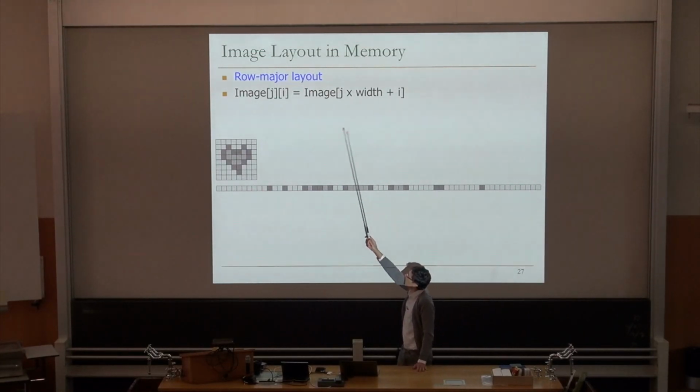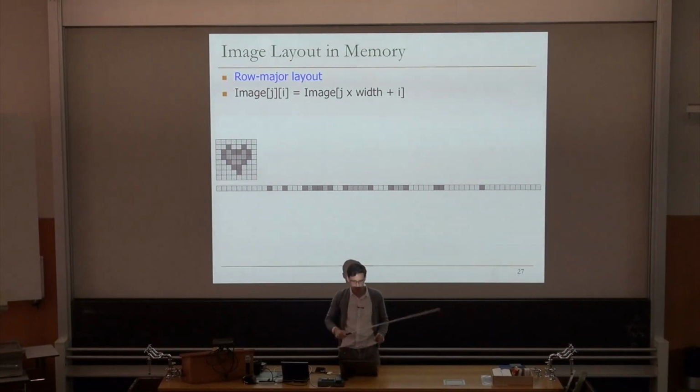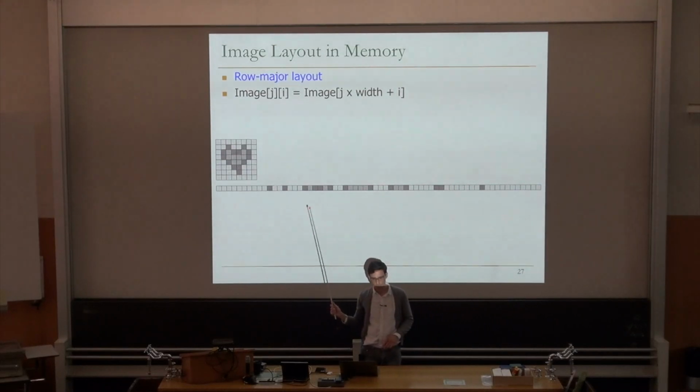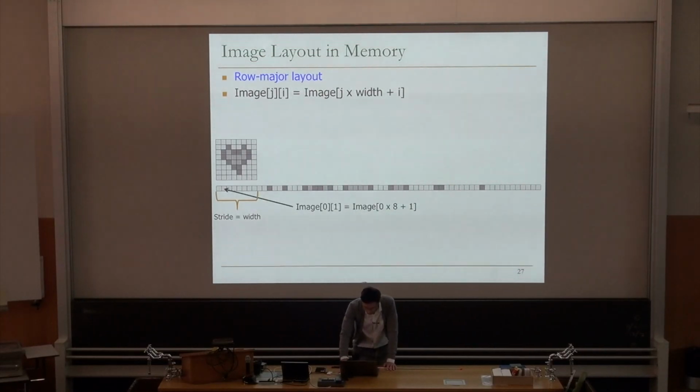So every time we want to read or access this image at (J, I), what we are actually doing is accessing element J times width plus I. This width, we are going to call it width, but we will also talk about stride later, depending on how we access the image or the two-dimensional data structure.